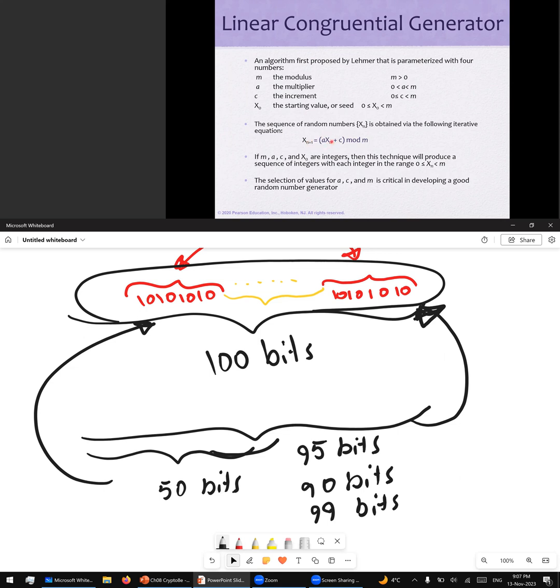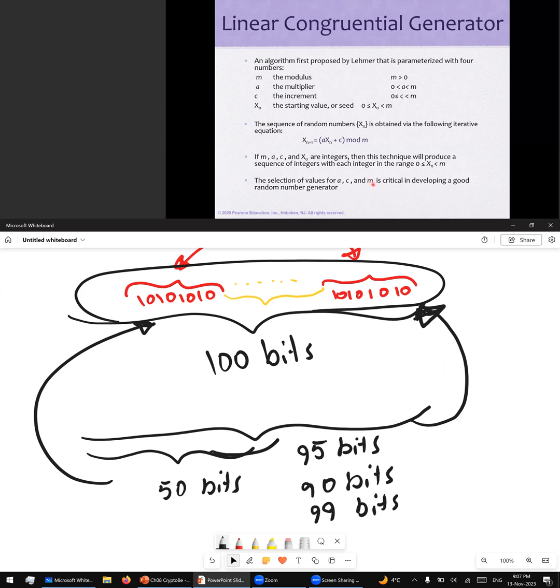Of course, these values, a, c, m, and your starting value x naught, are going to be the critical design parameters here. I'm not going to go into what the optimum values of these are.